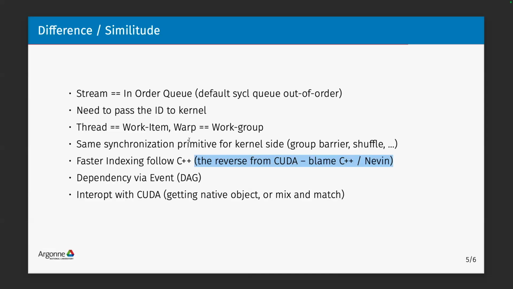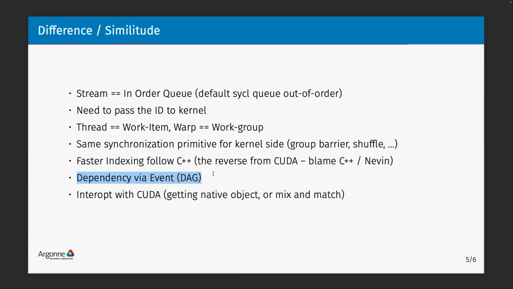We can discuss later if people are interested, but you have a nice dependency chain with events. Each kernel, each parallel for, each command gives you an event, and you create a nice DAG, a directed acyclic graph, to express really complex dependencies, either between in-order queues or inside an out-of-order queue.